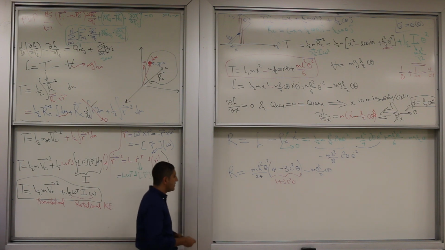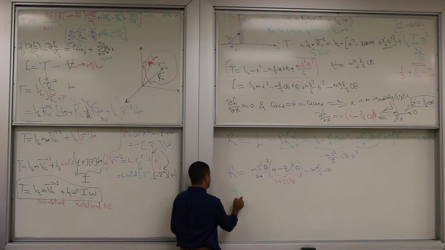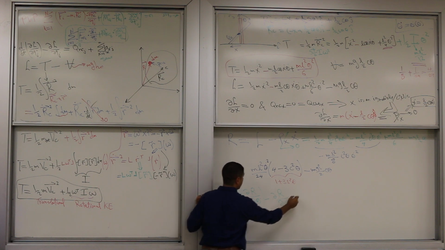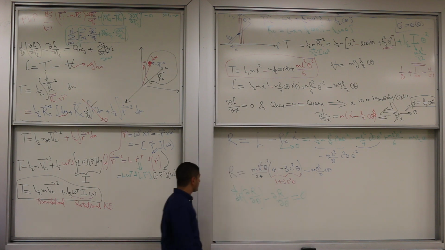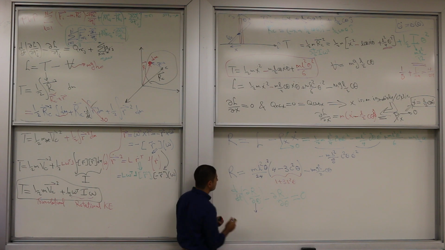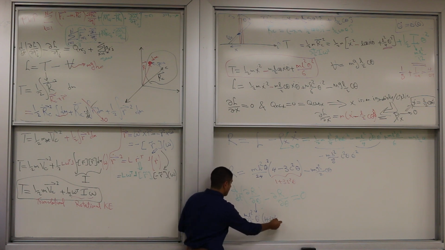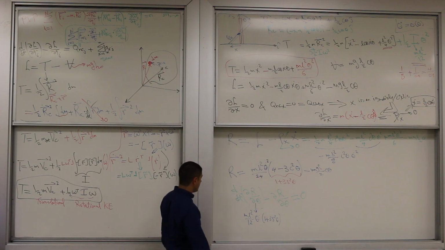I'm going to apply the Lagrange's equation. d by dt of partial R partial theta dot minus partial R partial theta equals 0. So what do we get here? We get m L squared over 12 theta dot and this thing, plus another term.